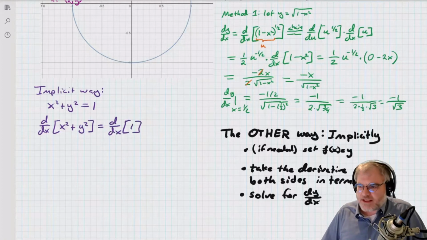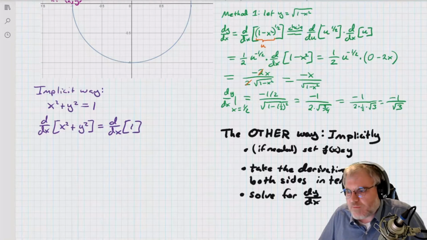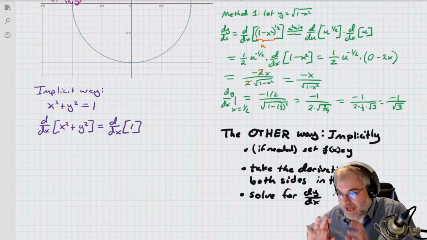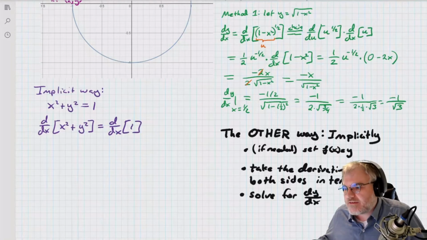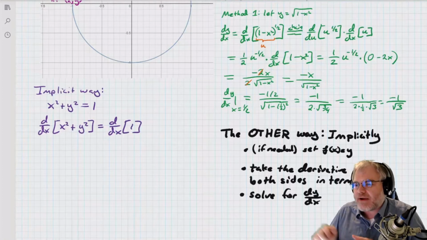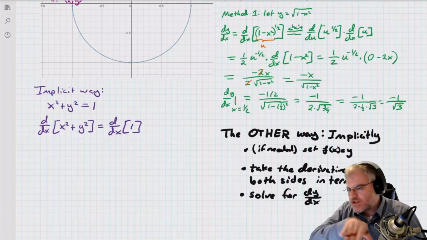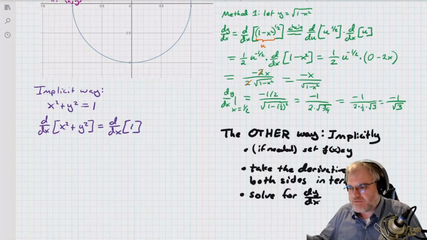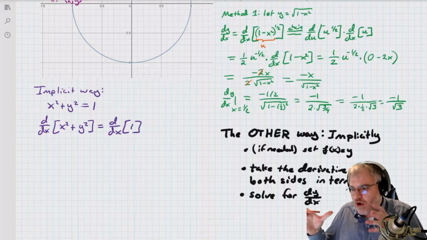Now, one of the great things about doing it this way is that one side usually, especially if I've got constants, is easy. And even if I have some complicated quotient, one of the big advantages of this way is I can actually get away by just taking the bottom and scooting everything over to the other side, if the other side was something constant, and then not have to deal with the quotient rule, especially if I've got something like a long rational function.